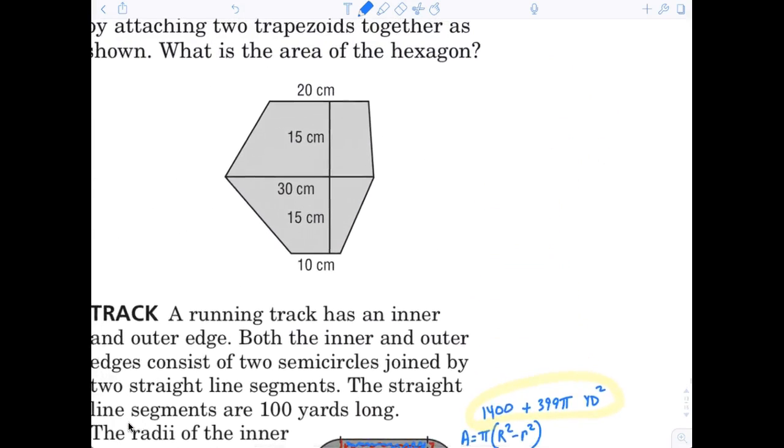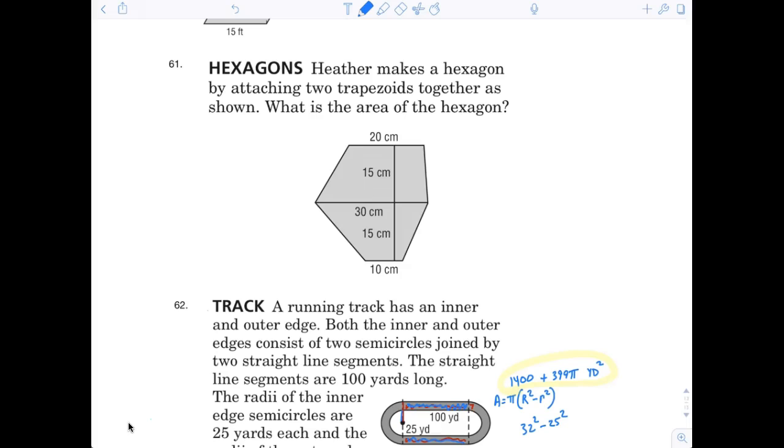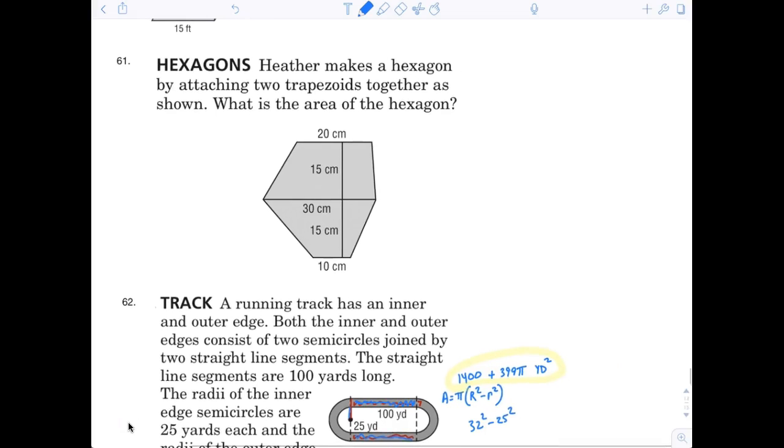All right, let's go on down here. 61. So what's the formula for area of a trapezoid? Now how many of them are there? 2. Are they the same? No. So it's kind of boring. 1/2 times B1 plus B2 times the height.